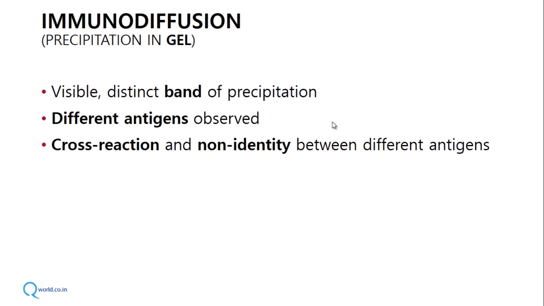It can differentiate the individual antigens from a mixture, as each antigen will form a separate band after reacting with its specific antibody. We can also detect cross reactions and non-identity or partial identity or total identity between different antigens. So it gives us some advantage over the precipitation in liquid medium. So that's why the precipitation in gel has come up.